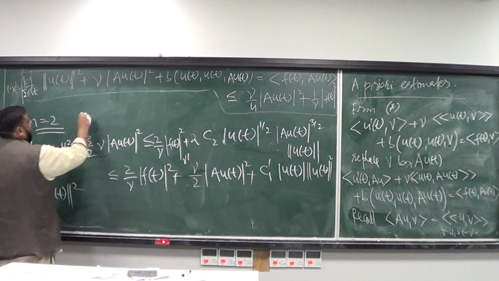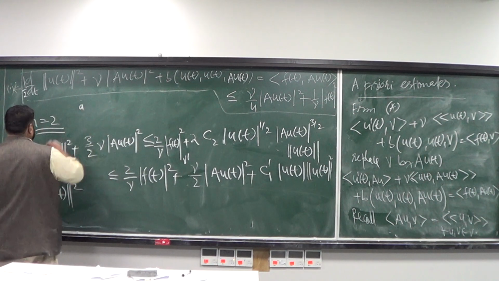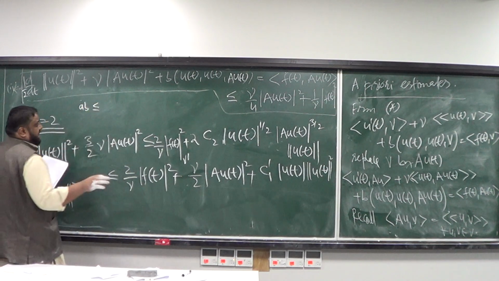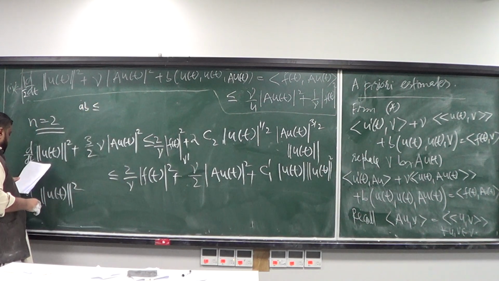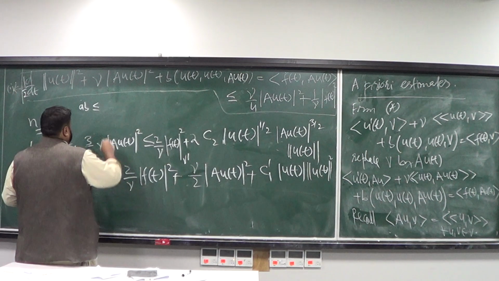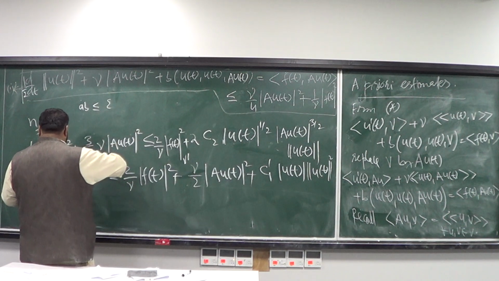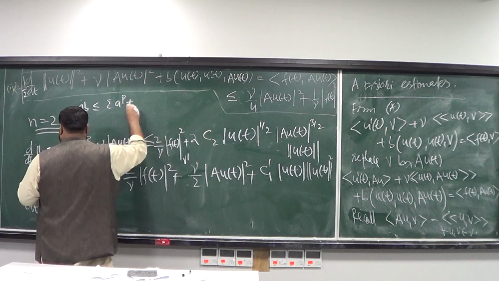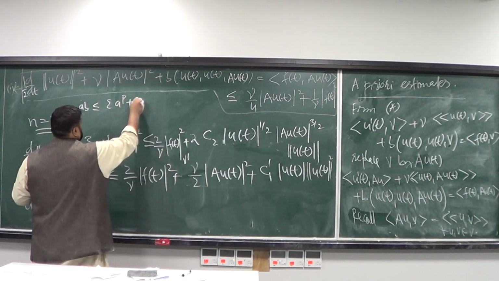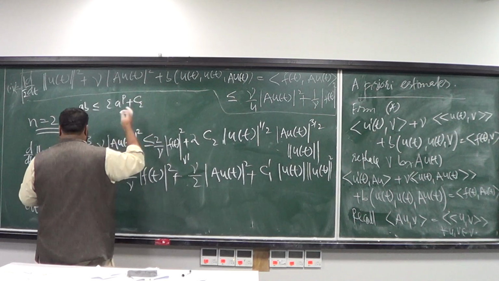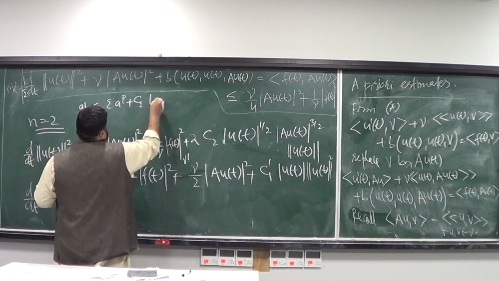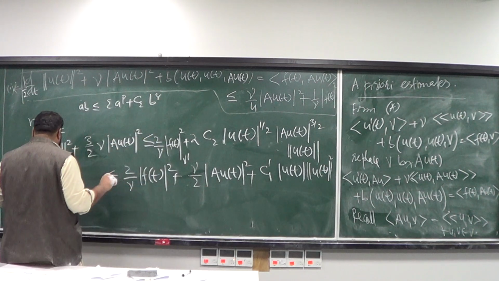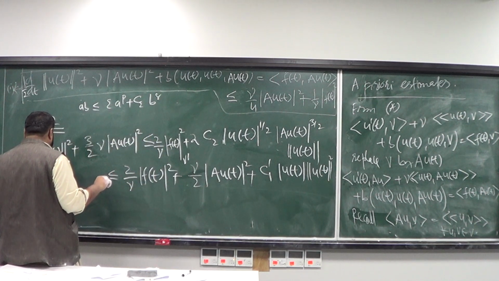The version of Young's inequality being used here is not the simple Young inequality, but this one: AB is less than or equal to epsilon times A to the power p plus C epsilon, some constant depending on epsilon, times B to the power q.